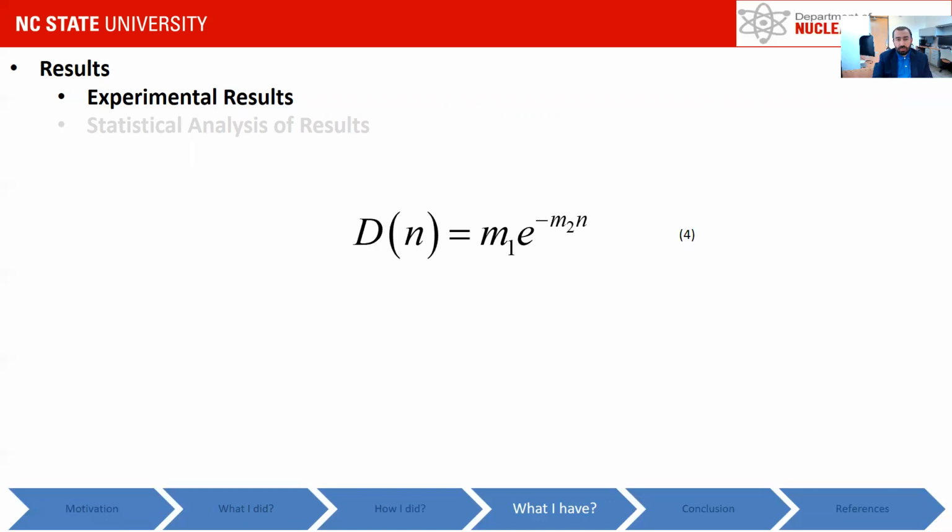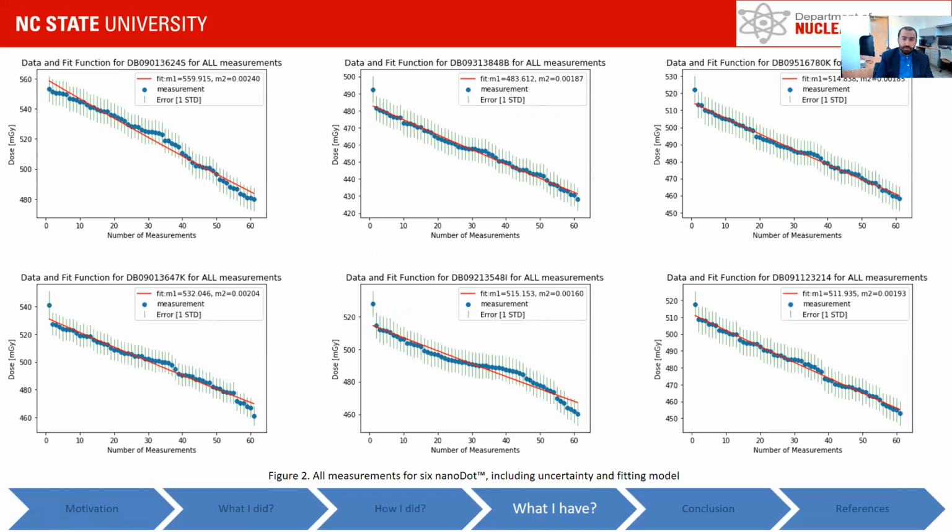So my approximation to the data is this function, which includes the Bleaching constant, initial dose, and the number of reads. For the all measurement set, the function worked well, and we got the data related with M1 and M2. The blue holes are the data, and the red line is the fit with the suggested function.